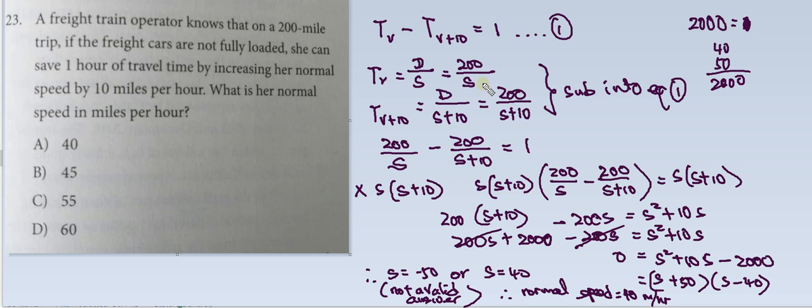Now, we're going to take the T, which is 200 divided by S, and substitute here. Then T2 is 200 divided by S plus 10. By the way, S here, let's define it as the normal speed.